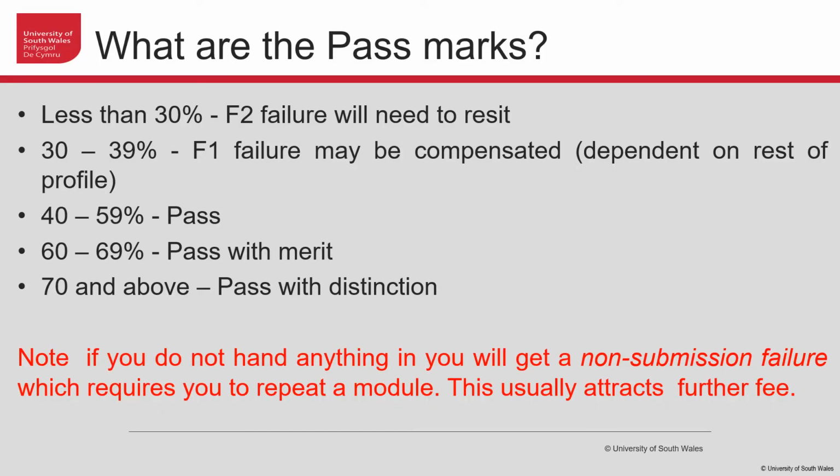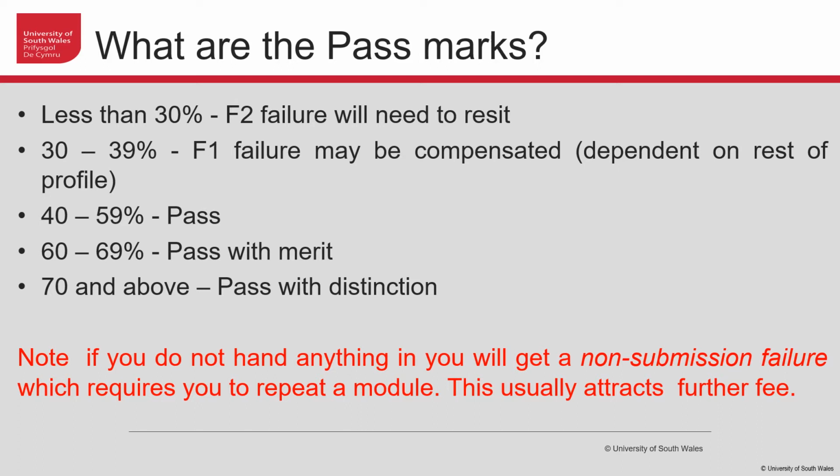So pass marks. Less than 30% is a significant failure and you will have to resit if allowed, or you may indeed have to repeat. 30 to 39% is a marginal failure, which may be compensated depending on the rest of your profile.